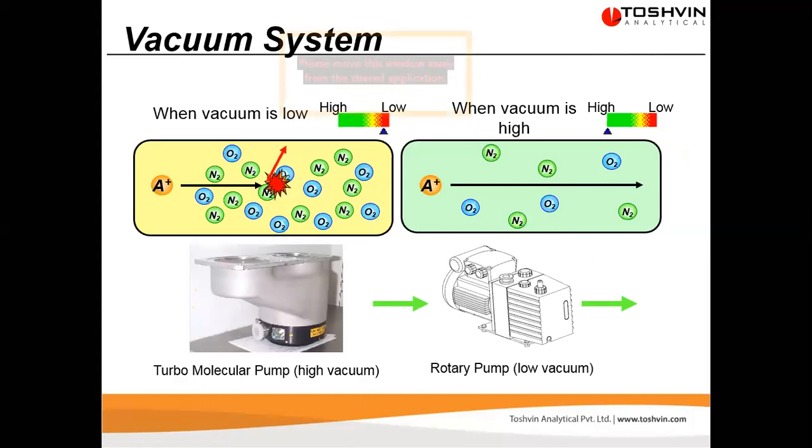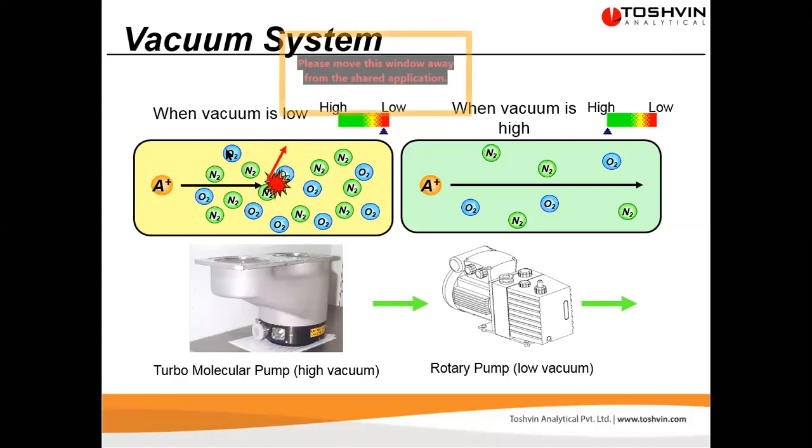It goes through my column, and from the column it enters my MS. But it is not only my sample that gets introduced into the MS. Along with it, my carrier gas is also continuously flowing through the system, so the carrier gas also enters my MS. So it will have ions also: sample ions, as well as some carrier gas ions or any other contaminants.